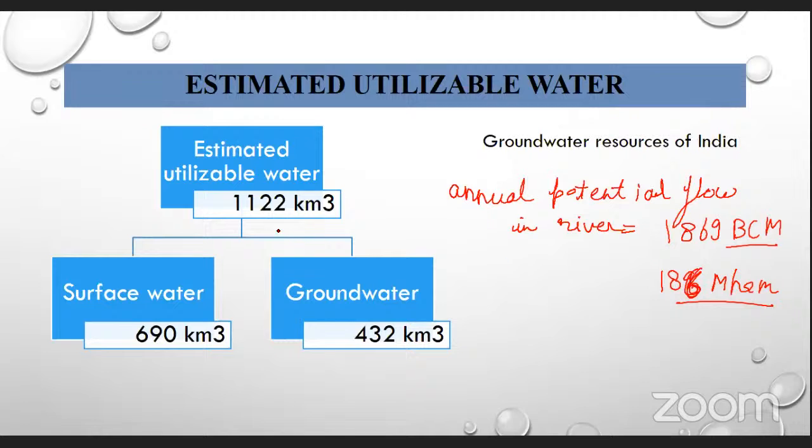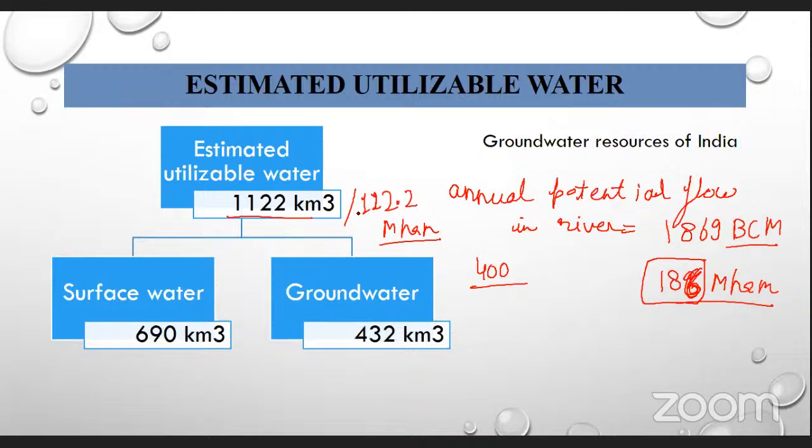Out of the 400, 186 million hectare meter will be flowing in the rivers. But due to various constraints of topography, or uneven distribution of resources over space and time, it has been estimated that only 1122 kilometer cube, or 112.2 million hectare meter, will be present in the river flow.